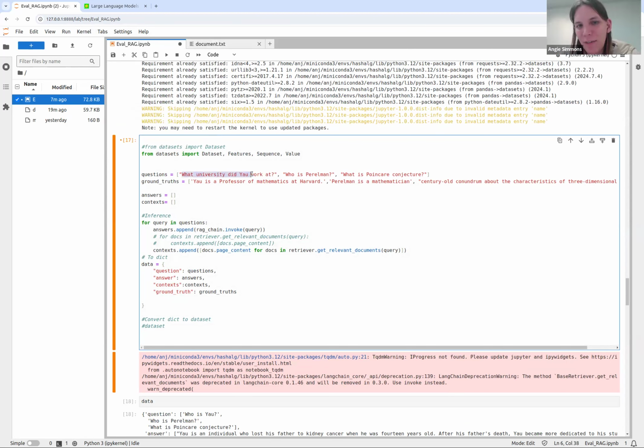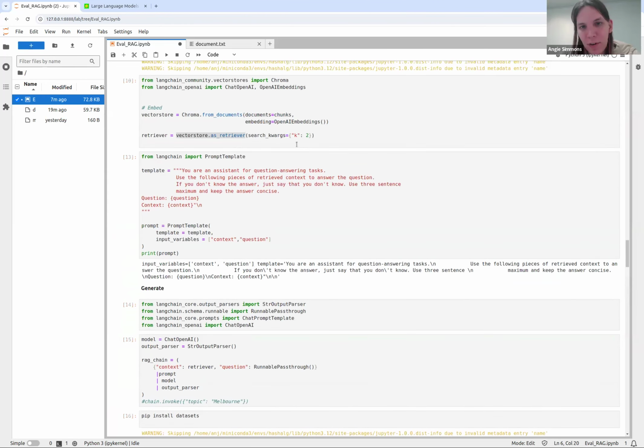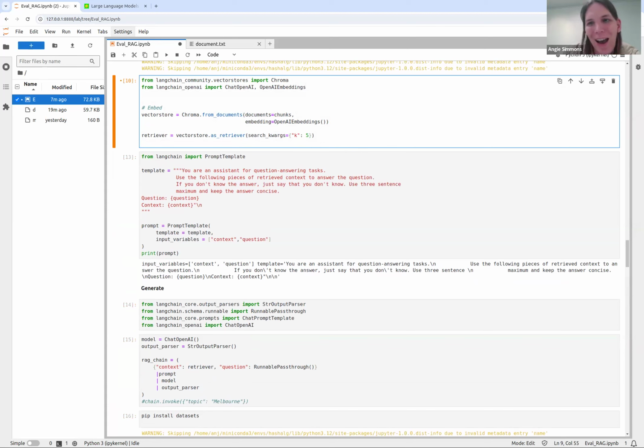Let's maybe try and reword the question, and based on the fact that I've now got university in the question, hopefully it'll bring back a chunk that's talking about a university. And the other thing we could try is increasing the number of chunks we get back. I have no idea if this will work, but let's try it.